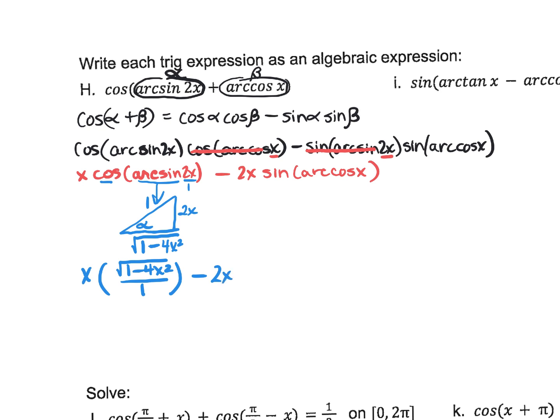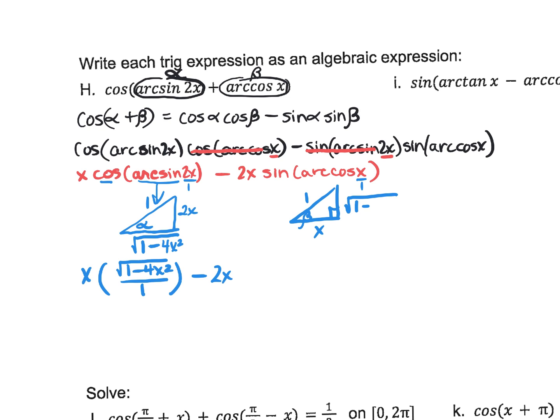We've got to use a different triangle for that one. This is like x over 1, isn't it? So this is beta, isn't it? So beta goes here. Cosine is what? So this is x, this is 1. So again, this becomes the square root of 1 squared, which is 1, minus the side squared.